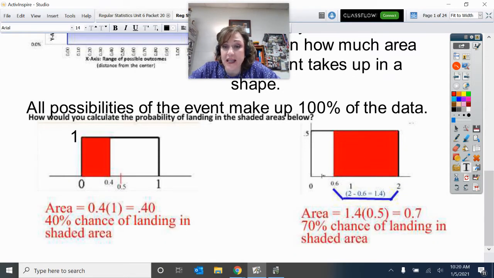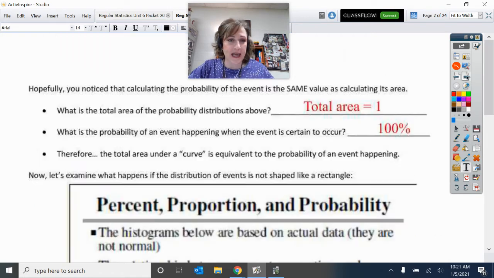So this area is 70% of the shape. So the probability of throwing a dart and randomly ending up in this area is 70% chance. So the shape is 100% of the data, and the shaded area is the probability of being in that section. All right, next page.